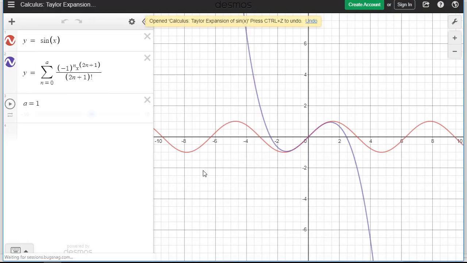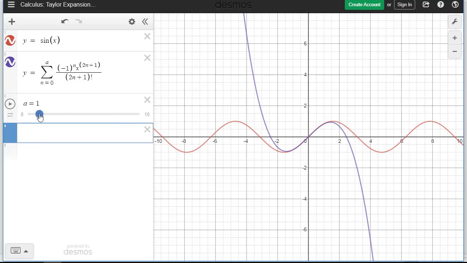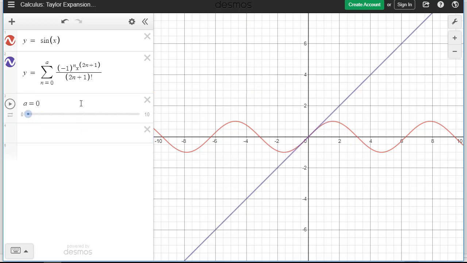If I open that graph, it gives us the graph of the sine series. Now I want to change these limits because the a represents the n number, so n goes from 0 to a. I'm going to go from 0 to, let's say, 10. That's really where I want to start, so let me back up to 0.